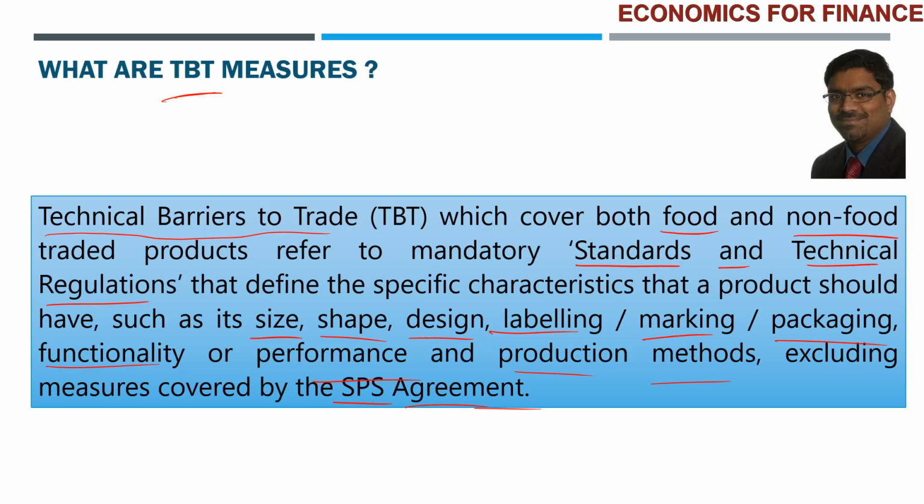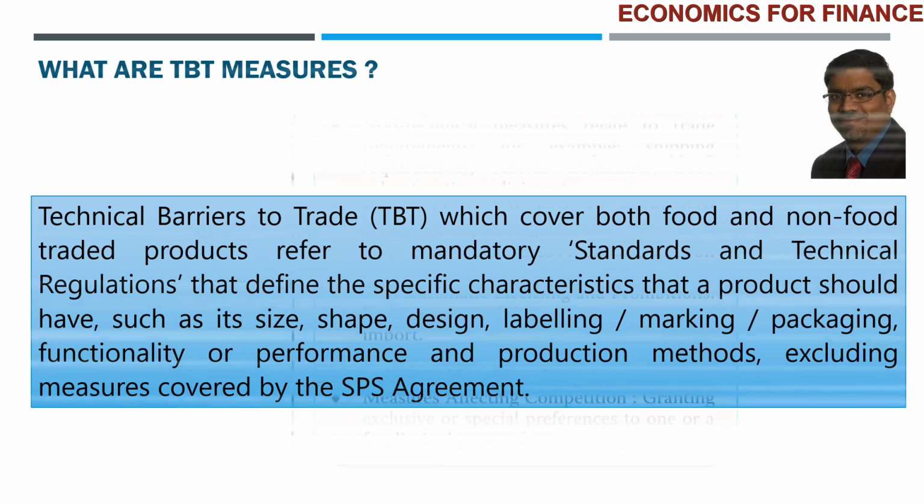In addition to them, any country can take TBT measures also, which will cover not only food products, even non-food products, wherein mandatory standards and technical regulations can be specified with the specific characteristics of the product to be complied with by the exporters to our country. The specifications could be in any of these things: size, shape, design, labeling, marking, packing, functionality, performance, production methods, any of these things. These measures are all called TBT measures.